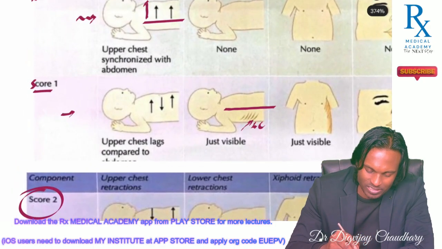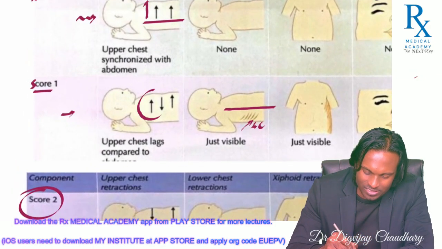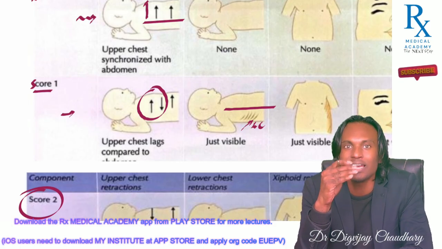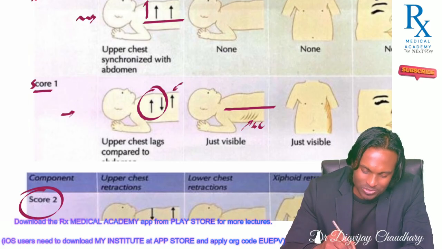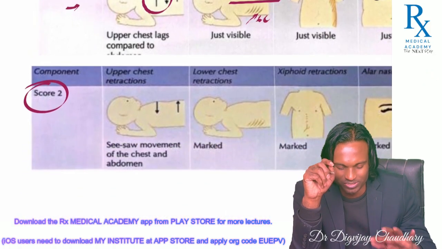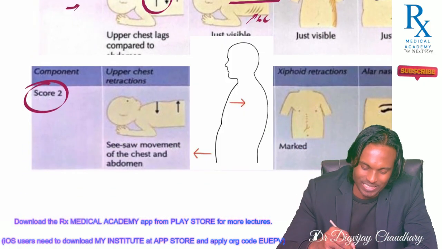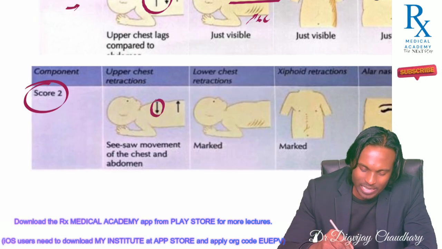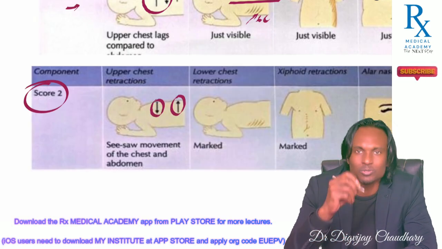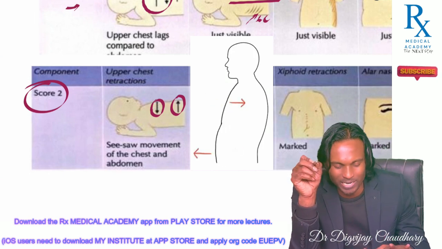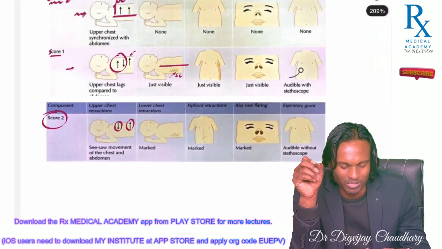Here you can appreciate your chest is trying to retract back, and therefore chest rise lags behind the rise of the abdomen. Now you need to give the score of 1. What is the worst scenario? Here you can appreciate that the chest is retracting back, the chest is not rising, the abdomen is just rising. So here you can appreciate the seesaw phenomenon, and this is paradoxical to the normal inspiratory movement of the chest.